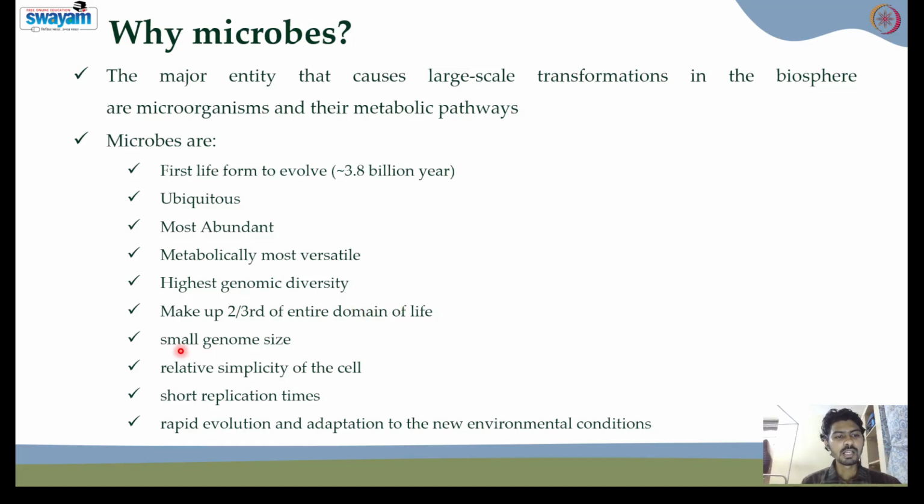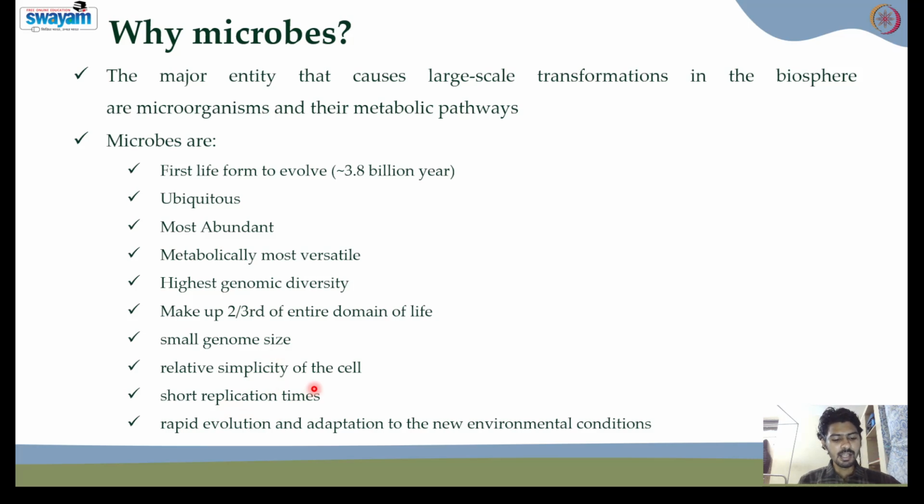Also the microbes, especially the prokaryotes, that is bacteria, have a small genome size. So it simplifies the process, and they are very compact and replicate very quickly. And they have short replication time as well.